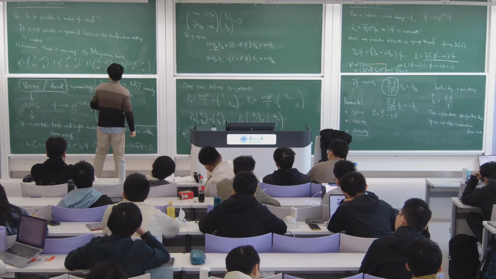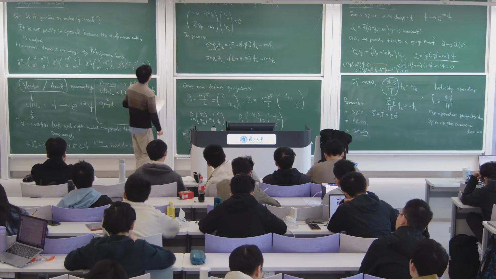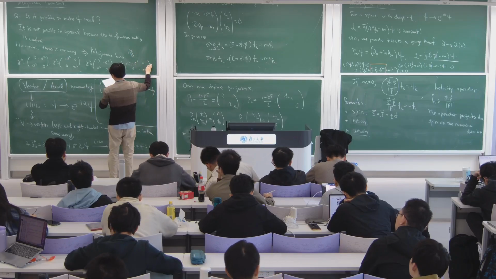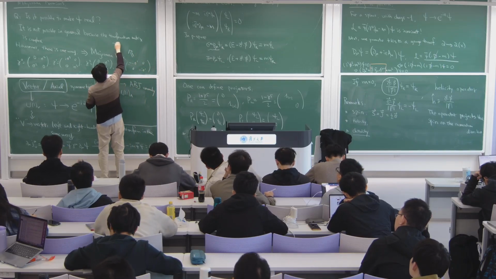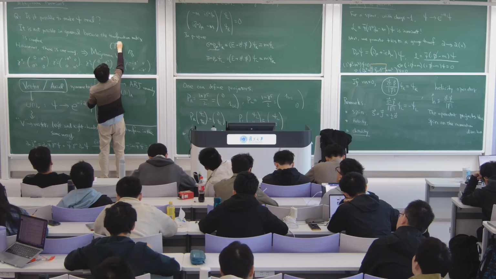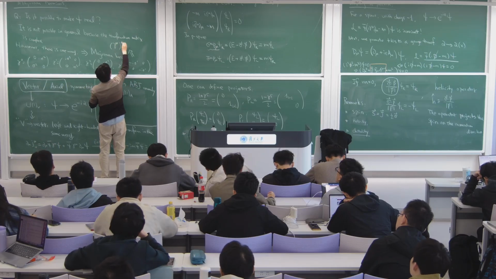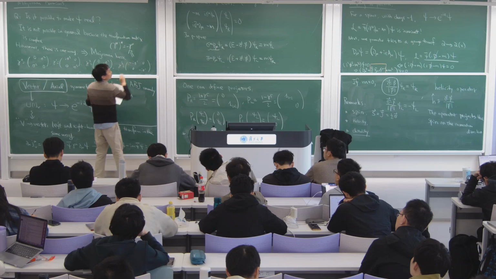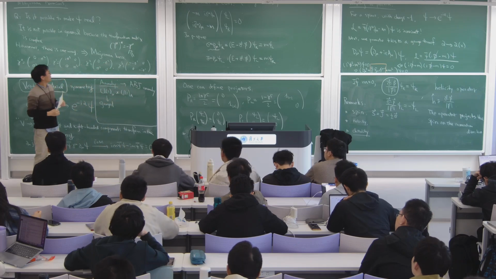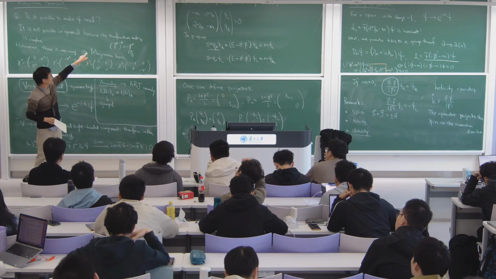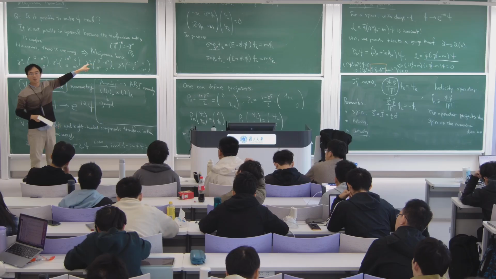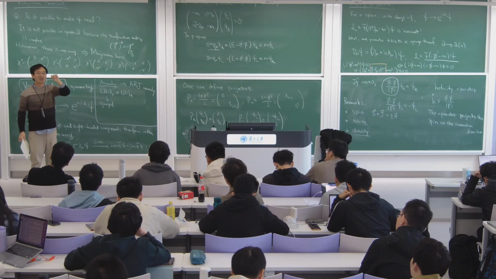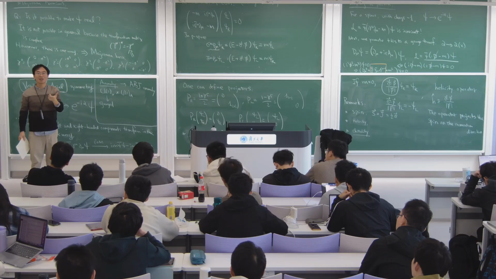Why? Let me explain the reason in a clearer way. Because this particular gamma matrix satisfies that if you take the complex conjugate, you get a minus sign. This means these gamma matrices look like pure imaginary quantities. For pure imaginary, if you take the complex conjugate, you get a minus sign, right?